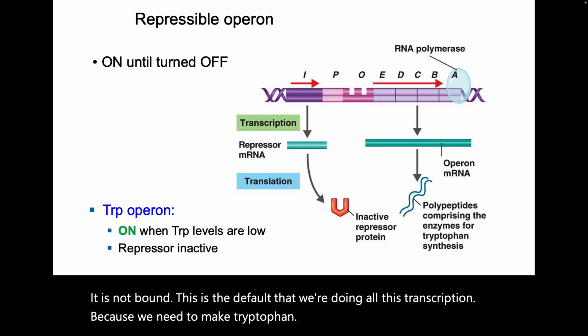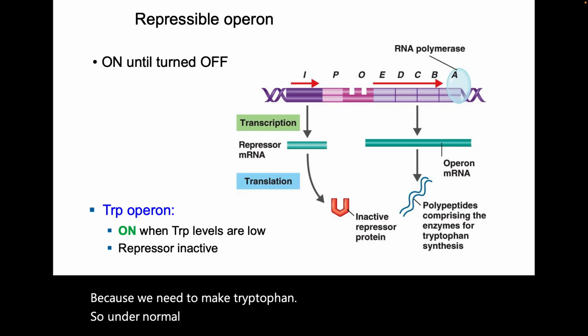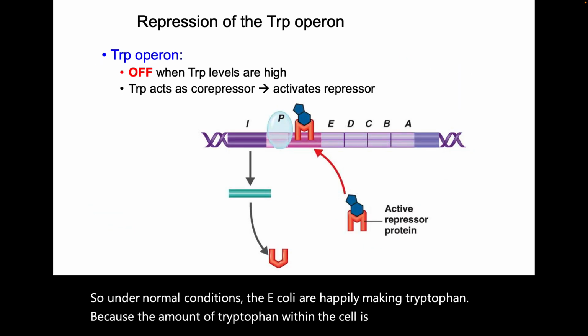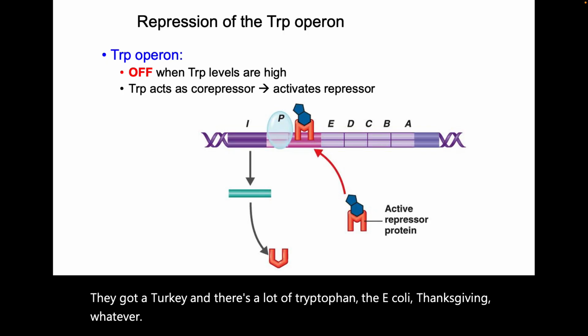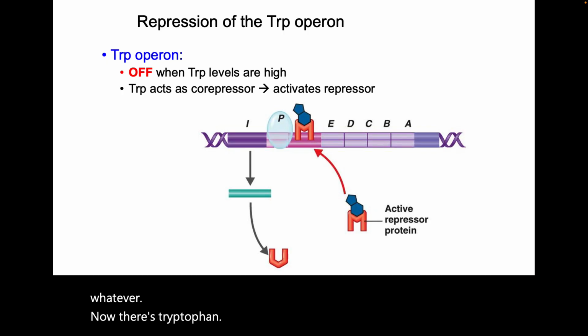So under normal conditions, the E. coli are happily making tryptophan because the amount of tryptophan within the cell is pretty low. But maybe on Thanksgiving, they got a turkey and there's a lot of tryptophan. E. coli Thanksgiving, whatever. Now there's tryptophan. I don't need to make any more tryptophan.